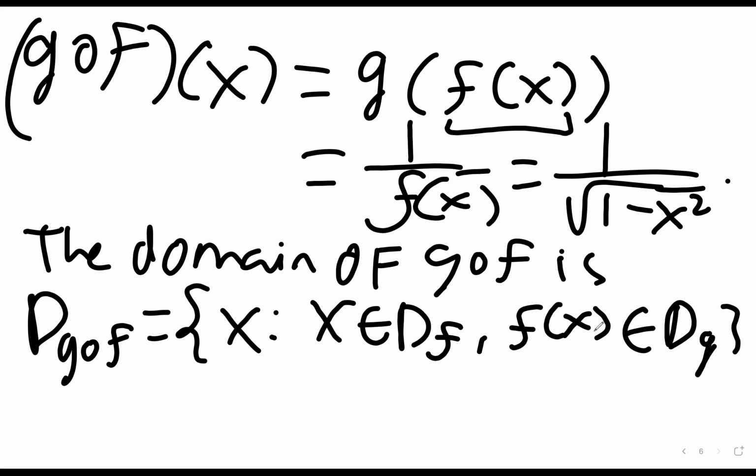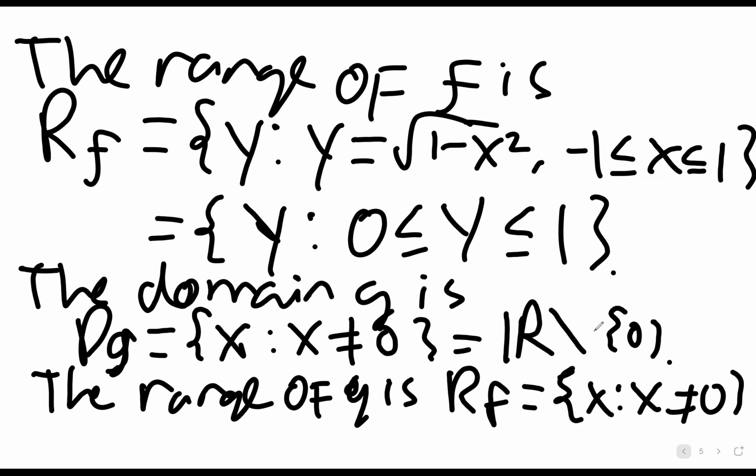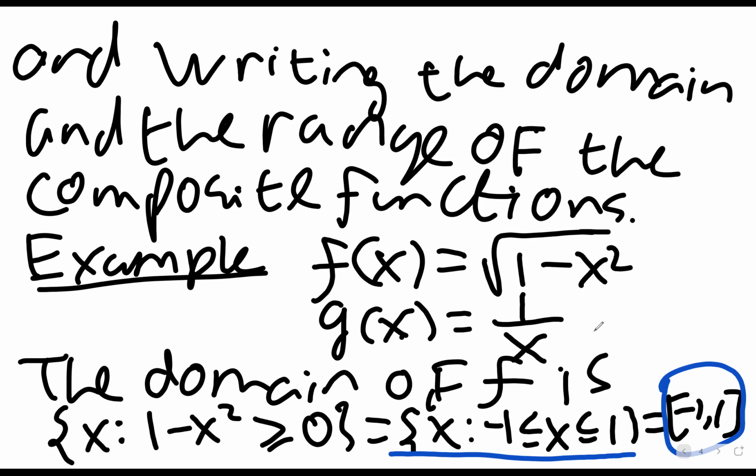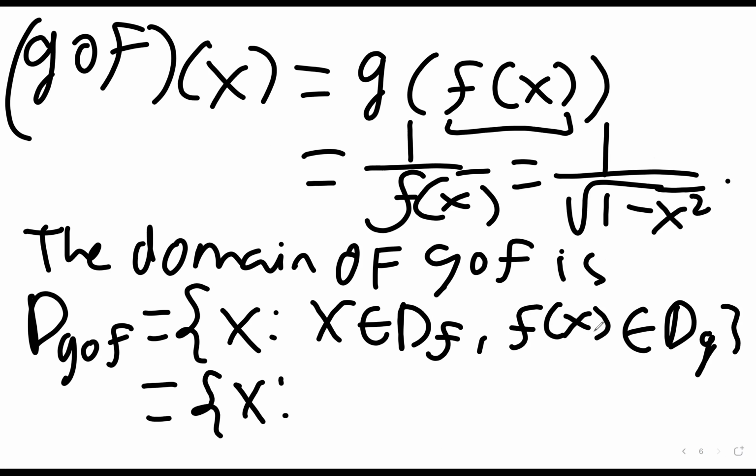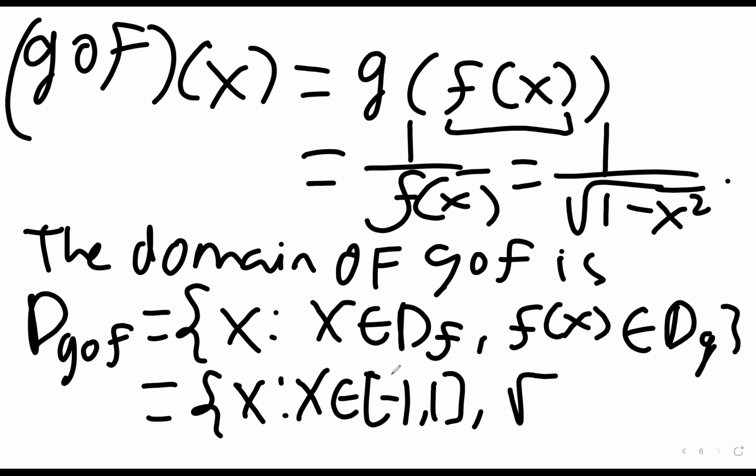Previously, the domain of f was the closed interval [-1, 1]. And then f of x belongs to the domain of g, so in this case, the square root of 1 minus x squared is never 0.